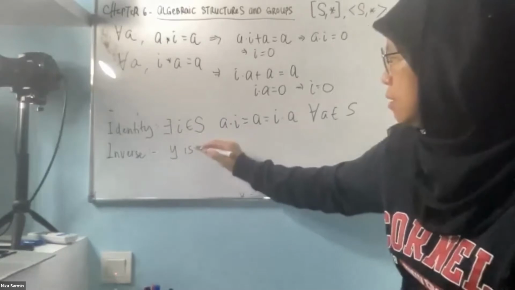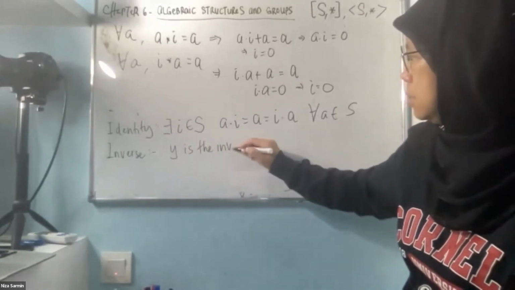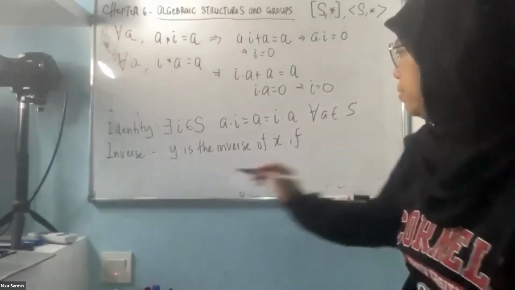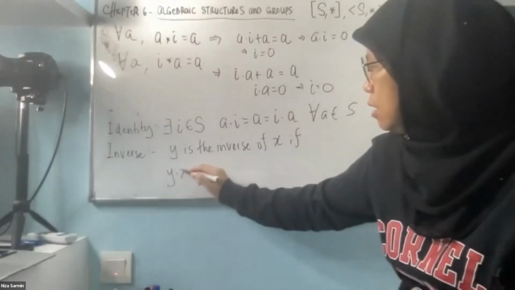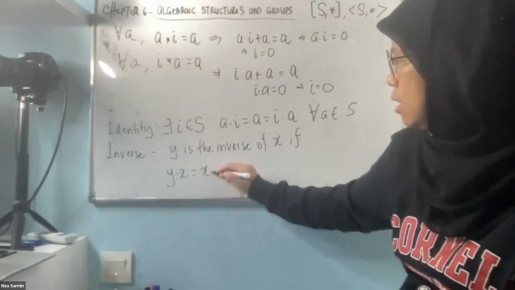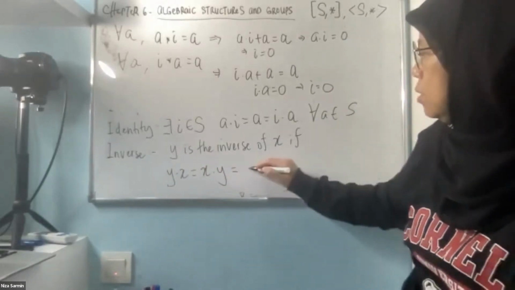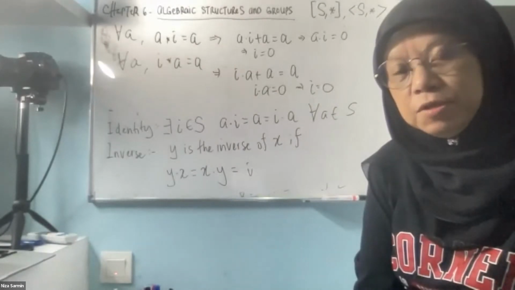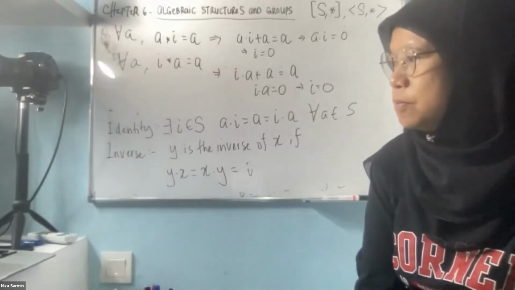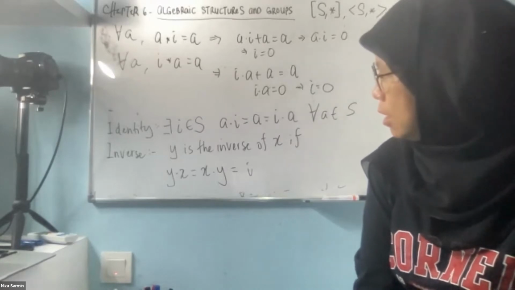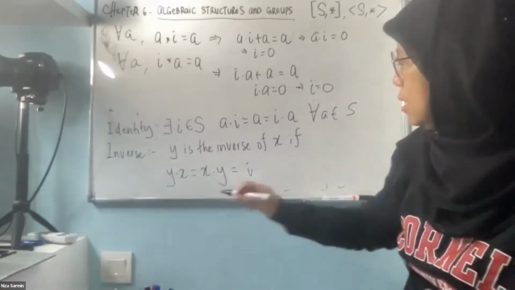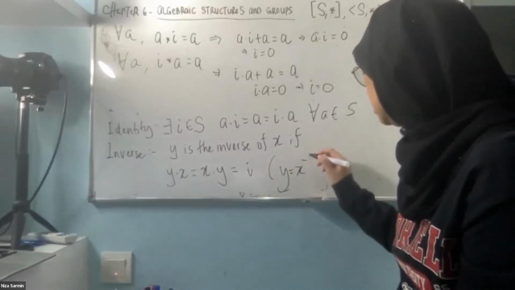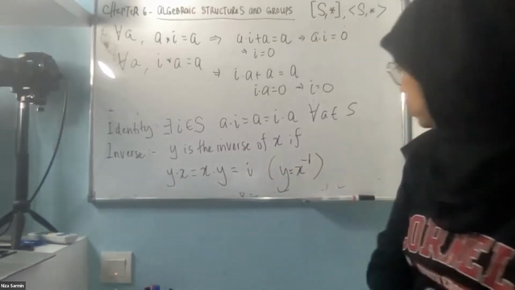Y is the inverse of X if Y dot X equals X dot Y equals the identity. Okay, that is the definition of the inverse. And normally the inverse is written as X to the negative one.